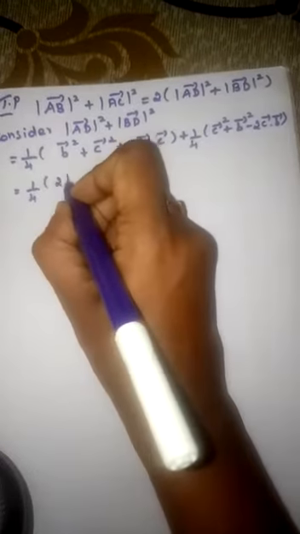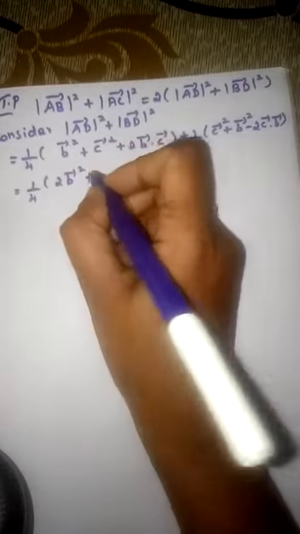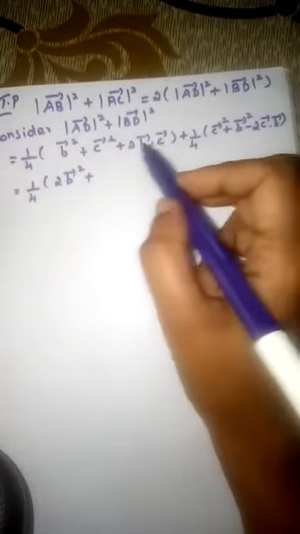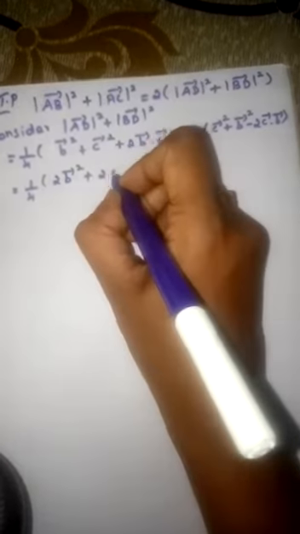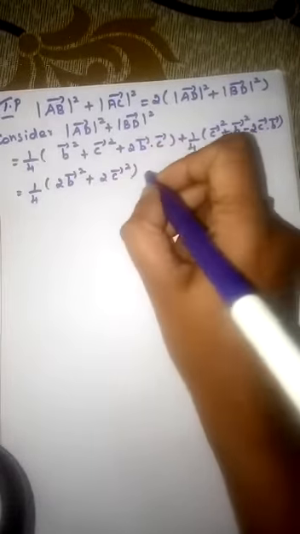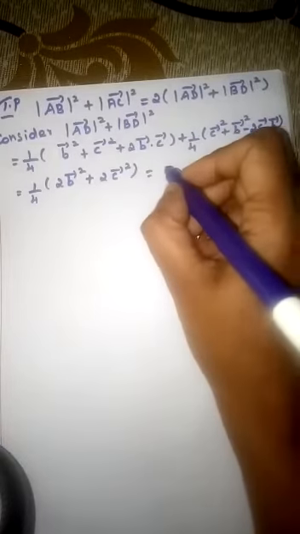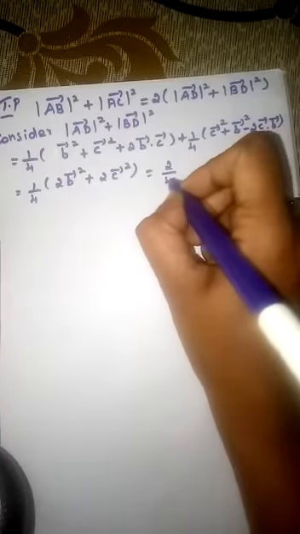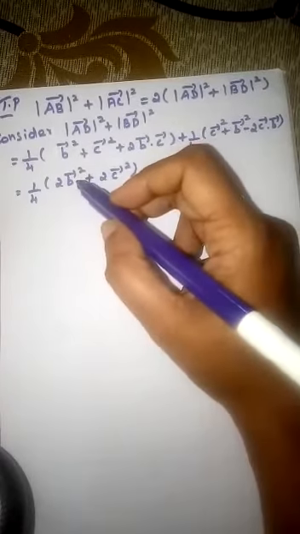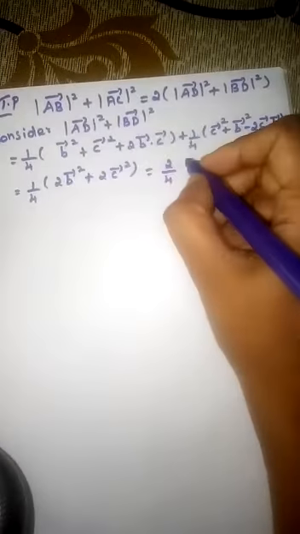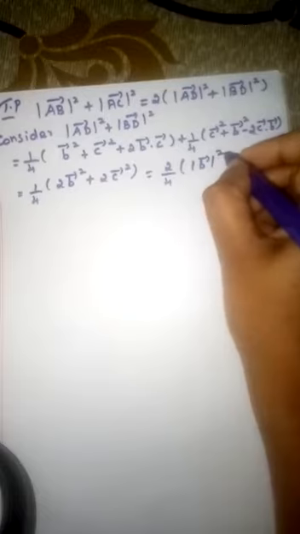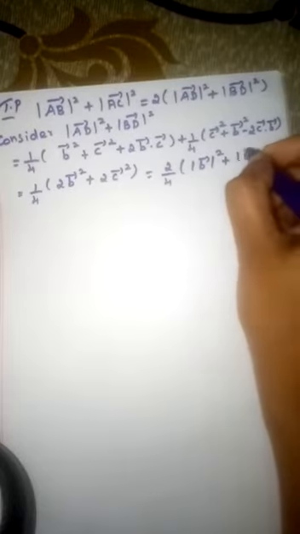So what you will get: b² we are having 2 times, and c² also 2 times. Now 2 you can take commonly outside, so 2 by 4 into |b|² + |c|², since we have squares.